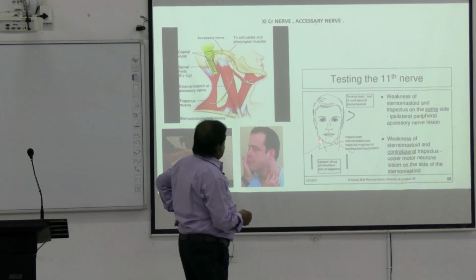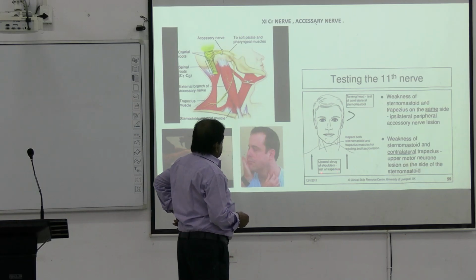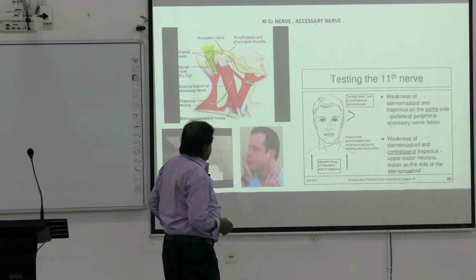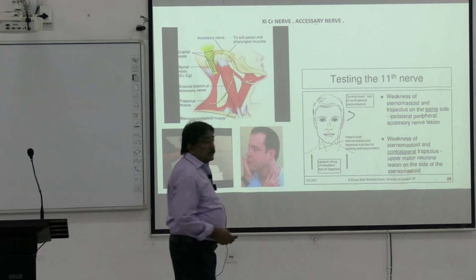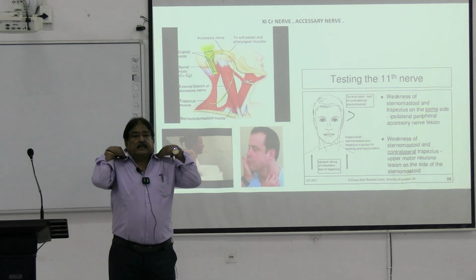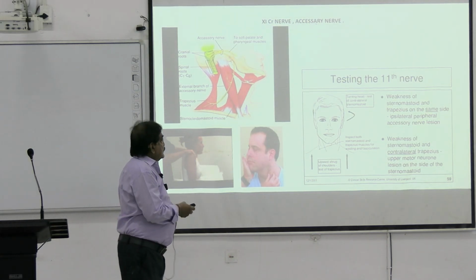Inspect both the sternocleidomastoid and trapezius muscles for wasting and fasciculation. Upward shrug of shoulders, loss of trapezius. Test for trapezius: you just shrug and put your hand here like this. Then you can see the difference.